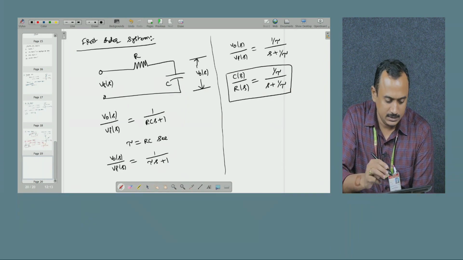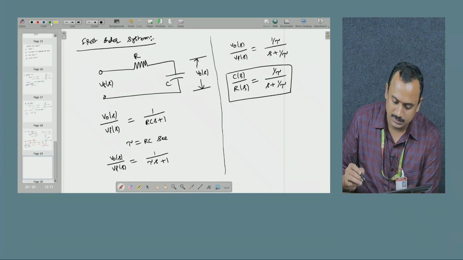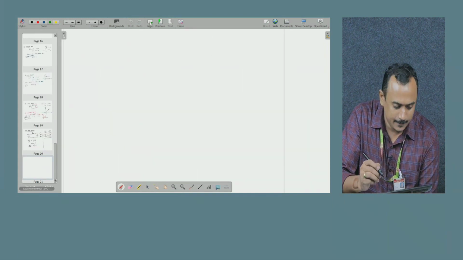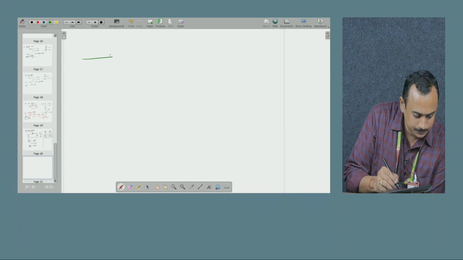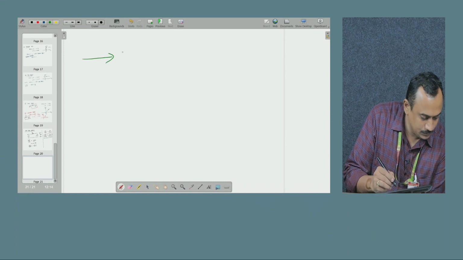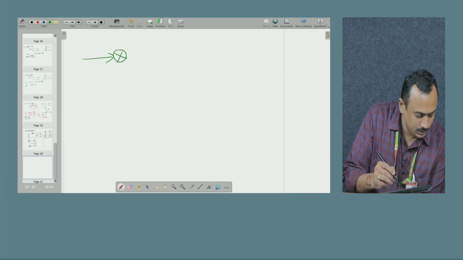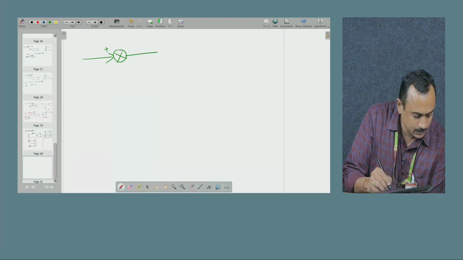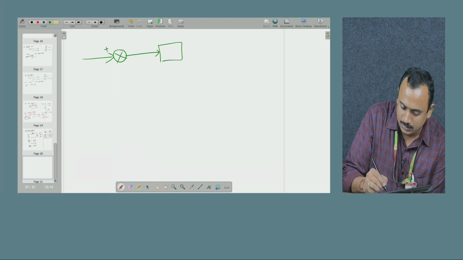Now if I represent the same in block diagram representation, I will have a summing point with positive sign, and this is your 1 by S tau.